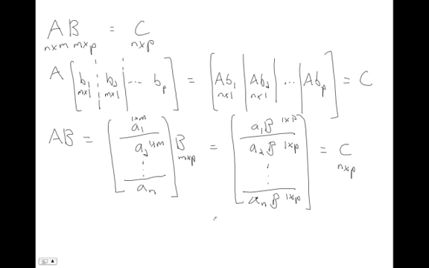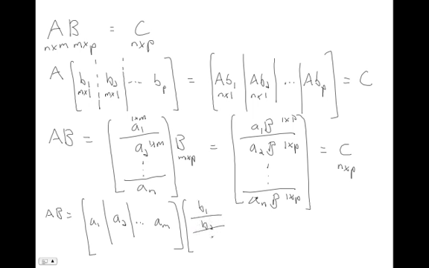And then a third way we can multiply these matrices together is we can say, well, this matrix AB, I'm just going to break this up into its columns, A1, A2, all the way to column AM, and I can break this B matrix up into its rows, so B1, B2, and how many rows does this have?